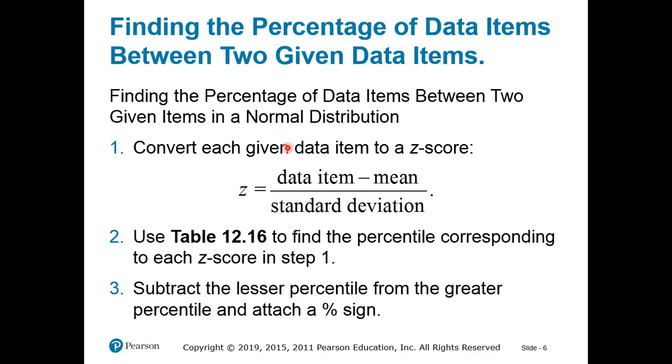If you're looking for between two values, you find the z-scores for both values, and then you subtract the percentiles for both of those, the smaller percentile from the larger percentile.